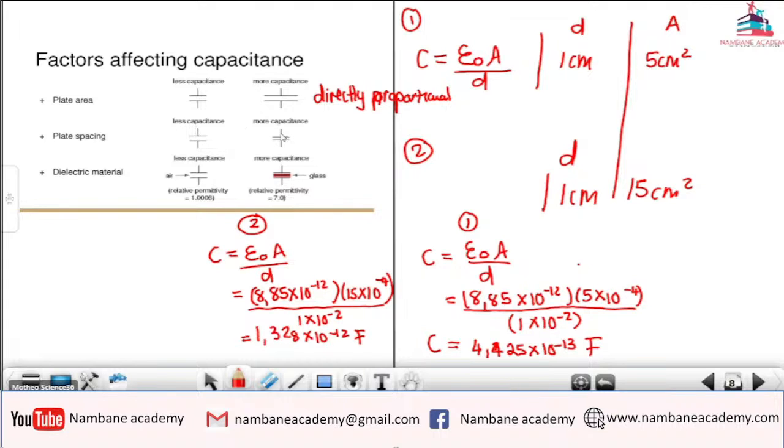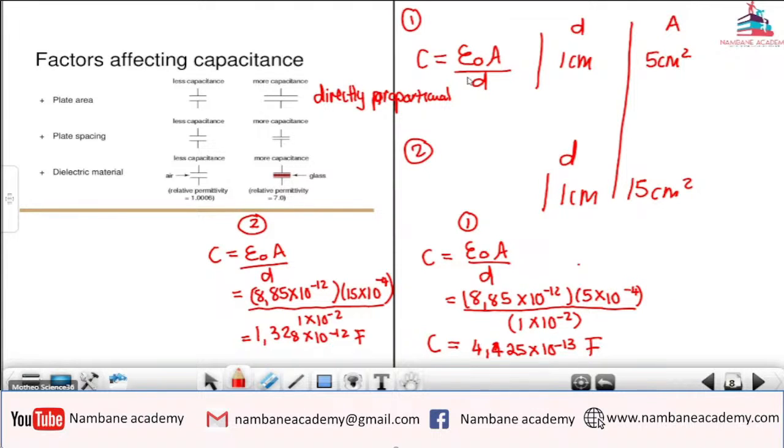If there is a smaller space, there's going to be more capacitance. Why? It's still from the formula. If you have a larger distance, you are dividing by a larger number, which will give you a smaller capacitance. If you have a small space between them, you will divide by a small number, which is going to give you more capacitance.